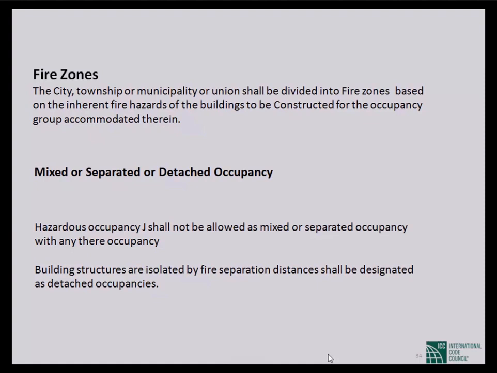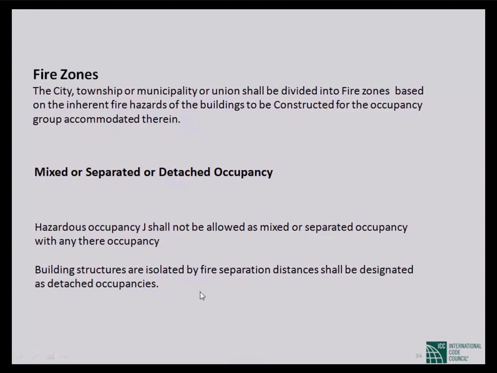The building had some hazards, some chemicals, some oil and fuel, which was mixed with other industry. Hazardous occupancy cannot be mixed with others. It should be separated. It should be detached. So a building structure isolated by fire separation distance shall be designated as a detached building. So you have to detach that one.